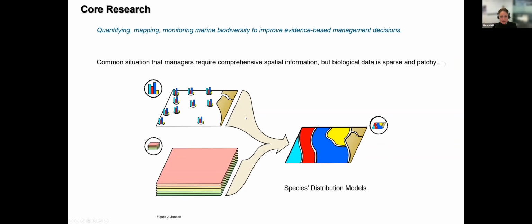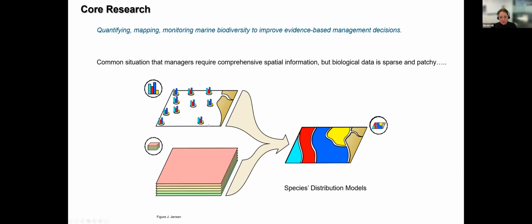One way to do that is to couple it with environmental data, and you can imagine that these coloured layers here are things like sea surface temperature, bottom currents, food availability, these types of things, with the biological measurements that we have, and develop these statistical relationships.